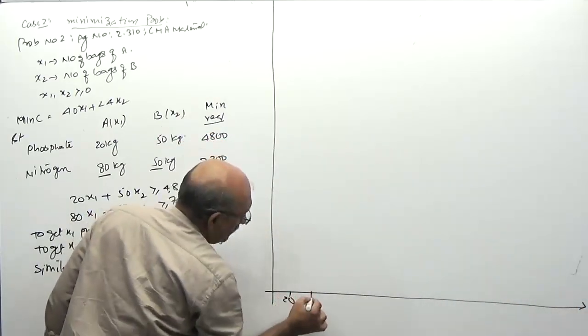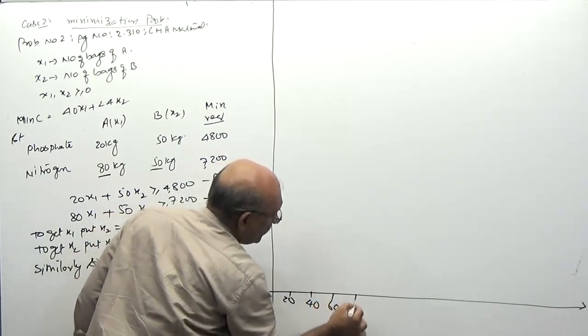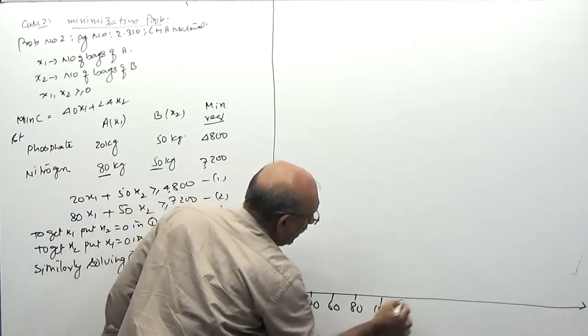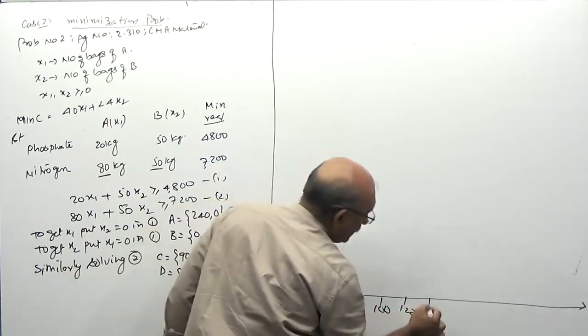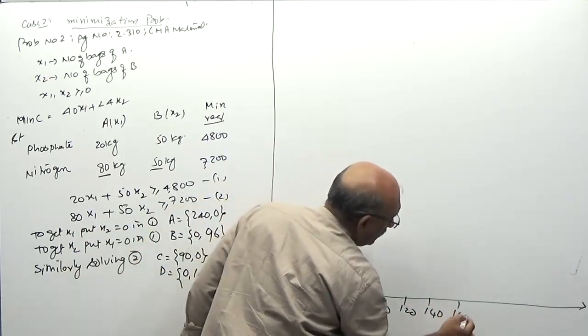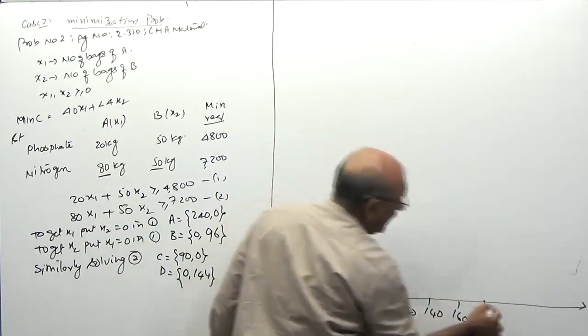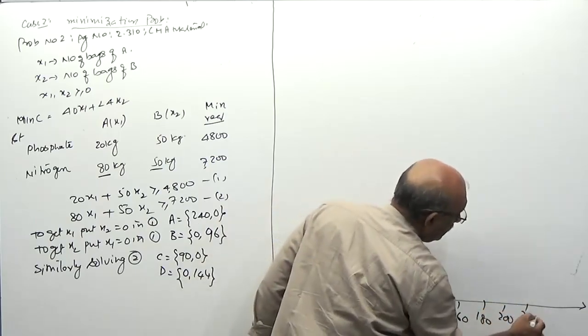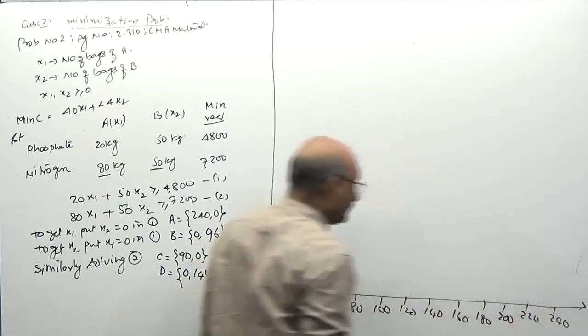So this is 20, 40, 60, 80, 100, 120, 140, 160, 180, 200, 220, 240.